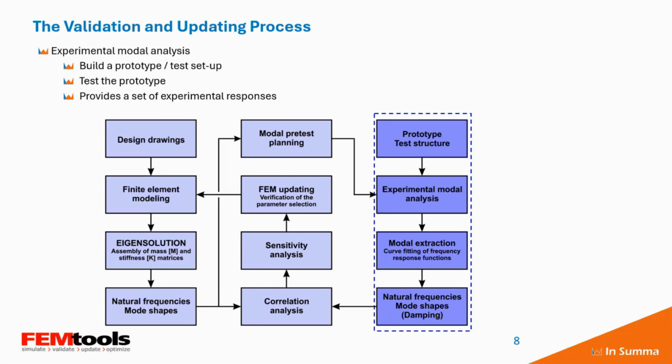And then on the right-hand side, you have the experimental model or the test model, which comprises a prototype of a test structure. This could be a derivative of a FEM model. And from there, we perform experimental modal analysis, where we excite the structure, for instance, with the use of a hammer or with the use of a shaker.